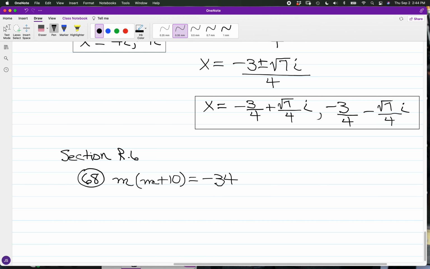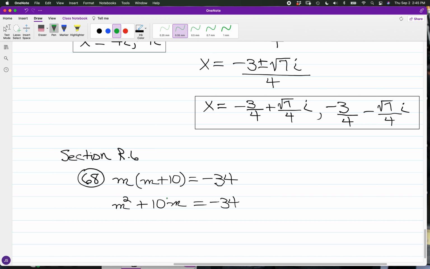So we break up the factored notation by distributing m over the quantity m plus 10. We have m squared plus 10m is equal to negative 34.